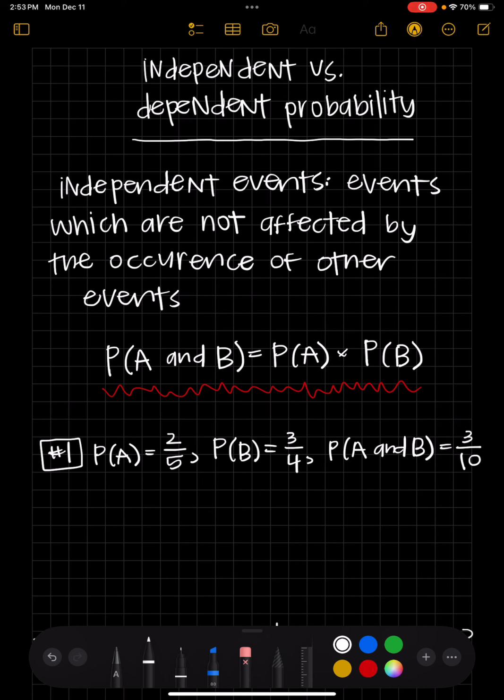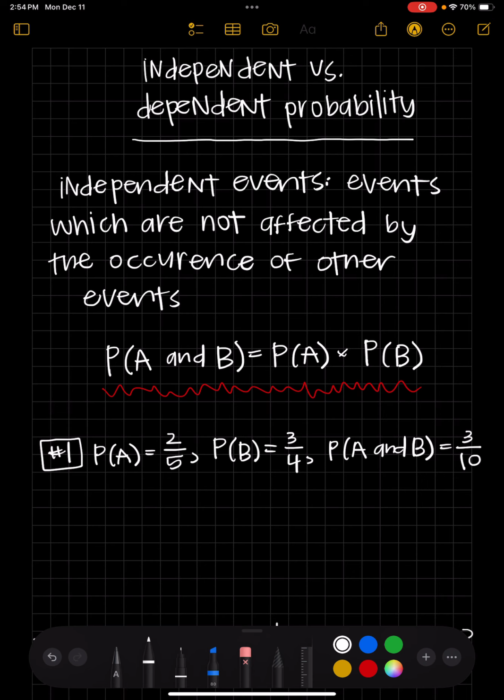The probability of A and B, where you have an event A and an event B, both occurring has to be equal to the probability of A occurring times the probability of B occurring, if they're to be independent. Dependent events don't have a particular formula attached to them, so I didn't write one down. But this one will help us understand, because if something isn't independent, then it's dependent. So let's just start going through these examples.